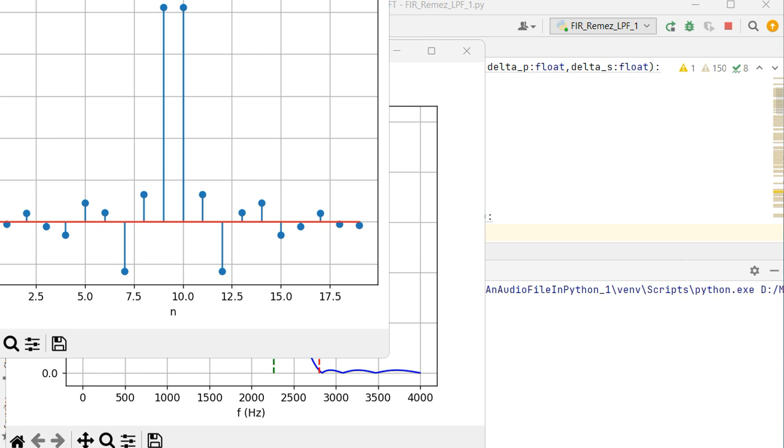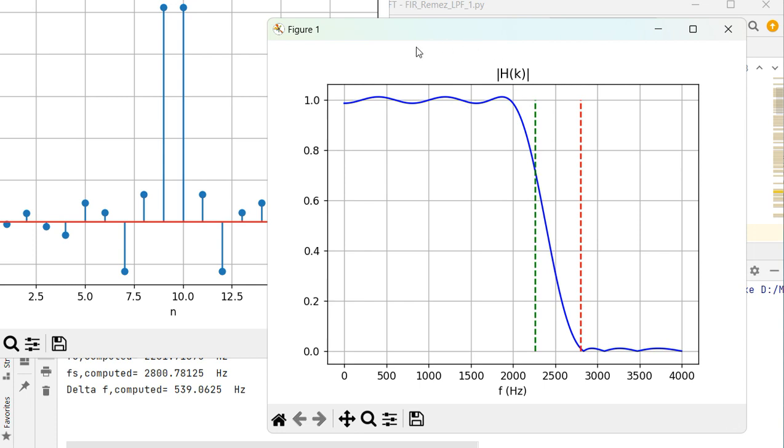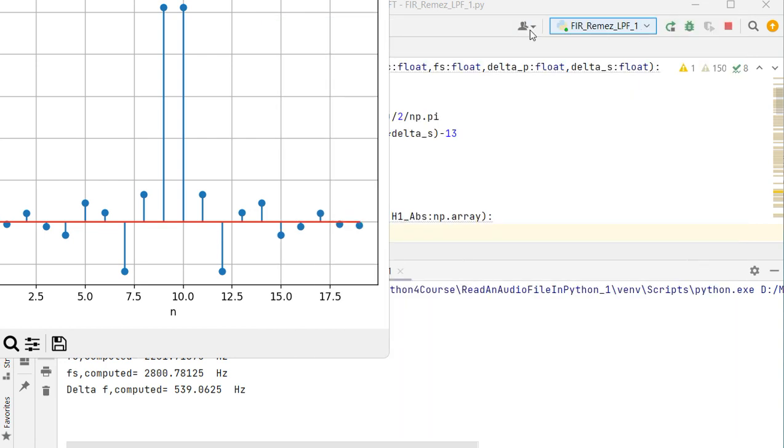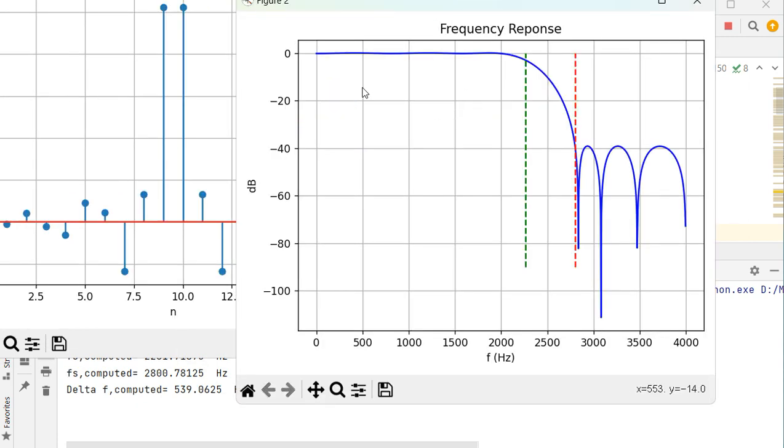Okay, let's start from figure 1. Here you see a low pass. Passband and stop band are computed and plotted as green and red signs, and blue stands for the amplitude of the frequency response. This is figure 1. Figure 2, frequency response in dB.